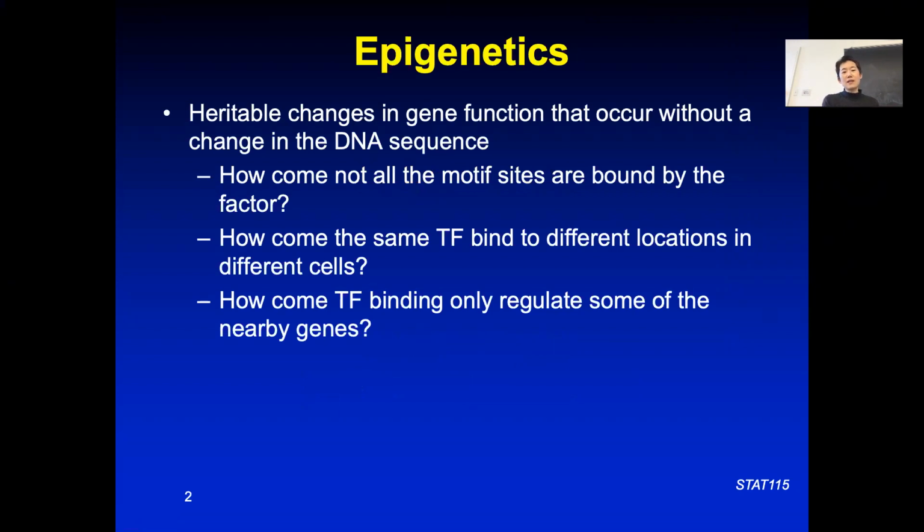So you would imagine when a sequence pattern happens, the TF will go there and bind. But once you do ChIP-seq, you realize that in the genome, there are many more times this motif appears, but the binding sites in that particular cell are only a small percentage of all the occurrences of that motif. So the question is, how come not all the motif sites are bound by this factor?